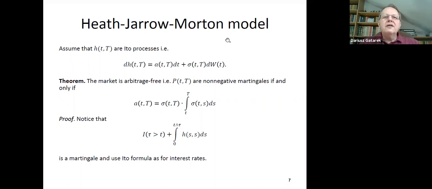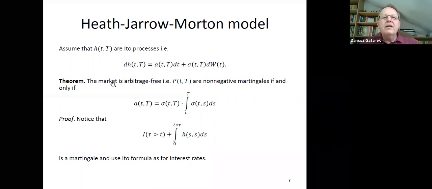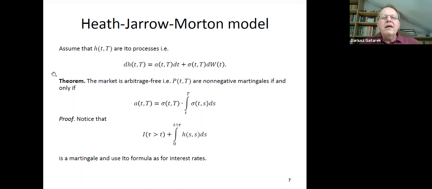And we've got the theorem, which is exactly of the form of the Heath-Jarrow-Morton theorem.